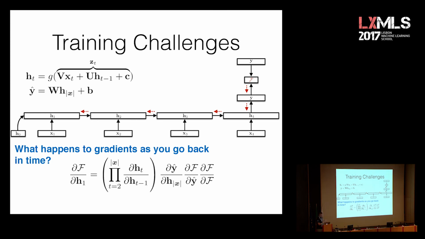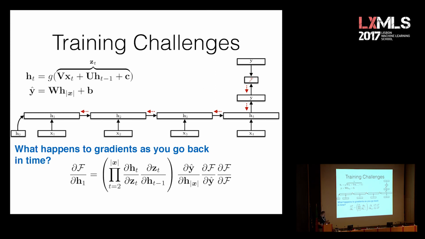So in general, if we want the derivative with respect to h1, we're going to have this product where we take the derivative of h_t with respect to h_t minus 1 up to the length of the sequence. So we're taking a number of products, we're effectively exponentiating something, and the exponent is the length of the sequence. And sequences can grow unboundedly, and what happens when we exponentiate something in an unbounded way?